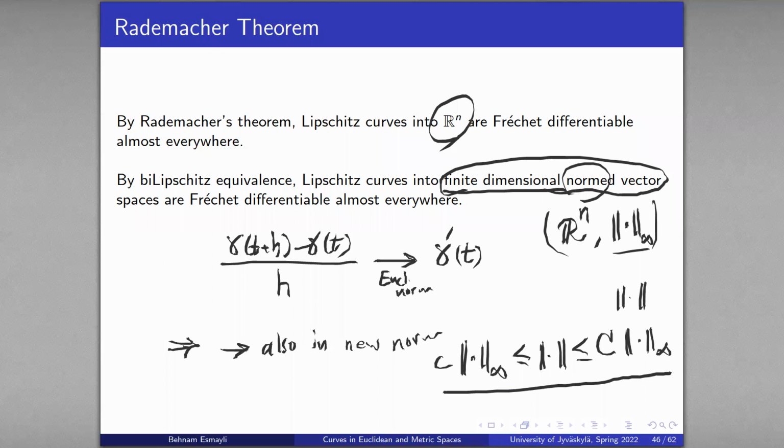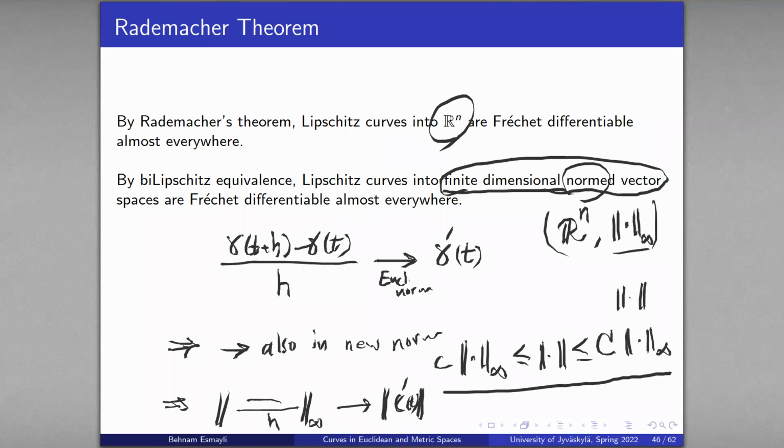And then from previous observation, their norms, their new norm of this quotient converges to the norm of gamma prime of t.